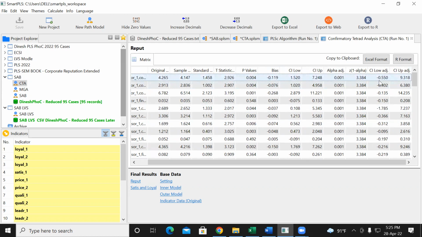Why? Here lower level is what? Minus 0.550. Upper level is minus or plus. Do you see? For the first set of indicators, lower boundary is minus 0.550. Upper boundary is what? Can you see the value?